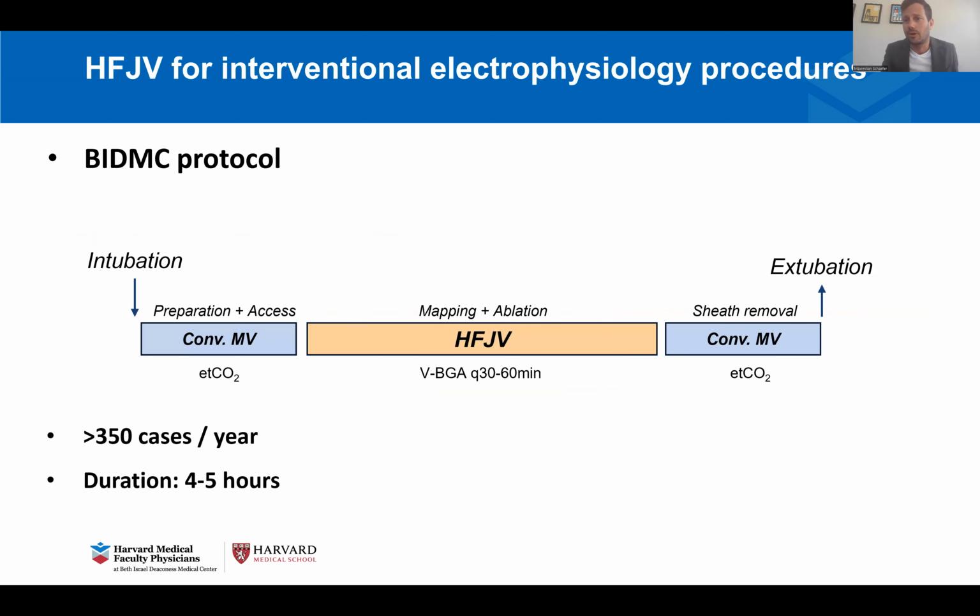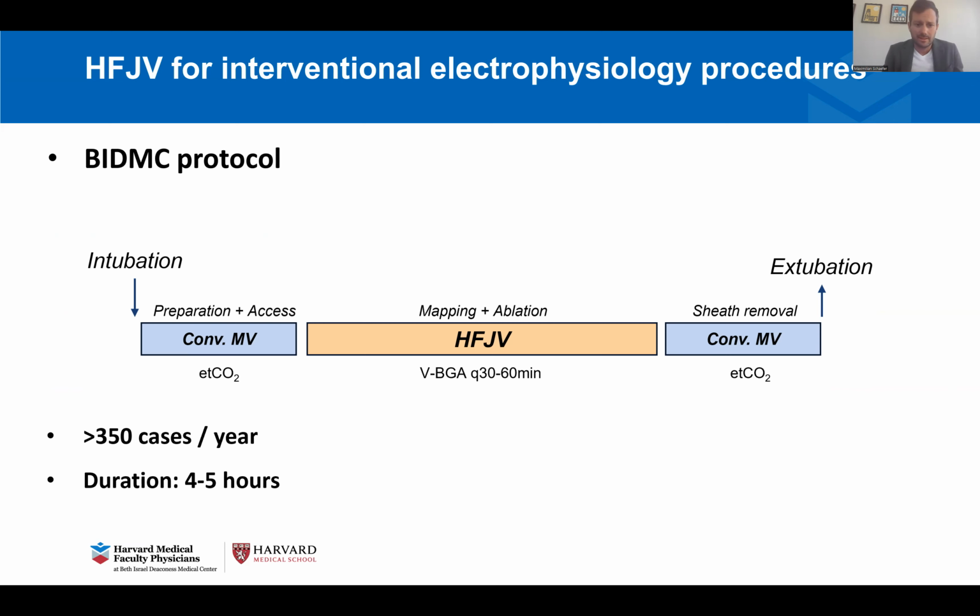So this is the protocol here at Beth Israel Deaconess Medical Center. What we do is we intubate the patient with a standard ETT, or endotracheal tube, so 7.5 inner diameter for male patients, 7.0 for female patients often. And we establish conventional mechanical ventilation.